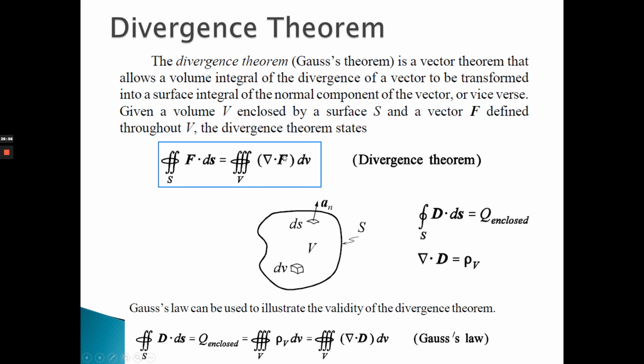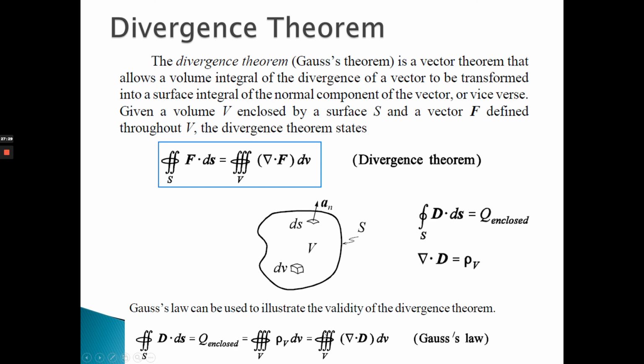So here we actually use the differential form of the Gauss law. How? Look here. The total amount of charge Q enclosed, if you take the closed surface integral of D dot dS, we get the total Q enclosed, right, which is equal to the total volume charge density ρv dv, the volume integration, right?